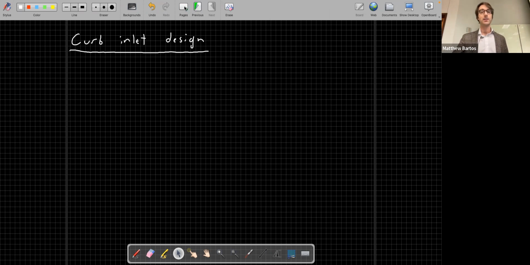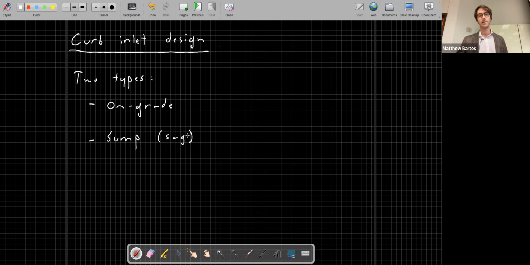Let me just quickly go through the different types of curb inlets. You have what are called on-grade inlets, and you have what are called sump or sag inlets. Okay, and this essentially refers to how they are placed along the local drainage gradient. Today, we're going to be talking just about on-grade inlets.